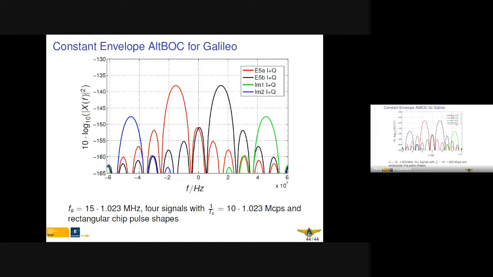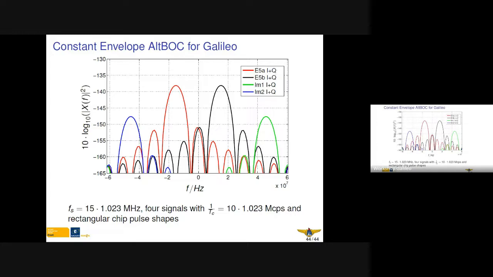But we can also use in the receiver, for example, tune our carrier frequency to the E5a subcarrier, so only receiving the red power spectral density, and maybe also filter in the receiver. Then we only receive the E5a pilot and data, which are in phase and quadrature, and there it's a classical QPSK modulation.